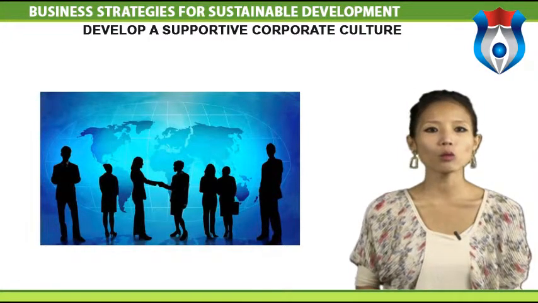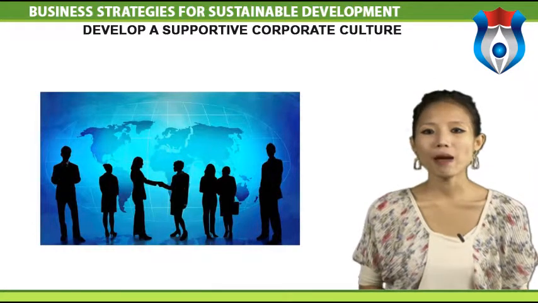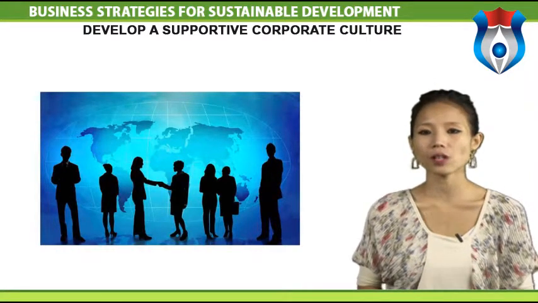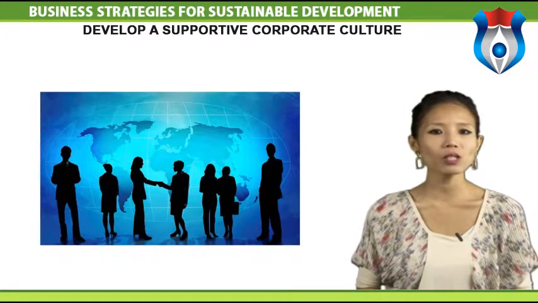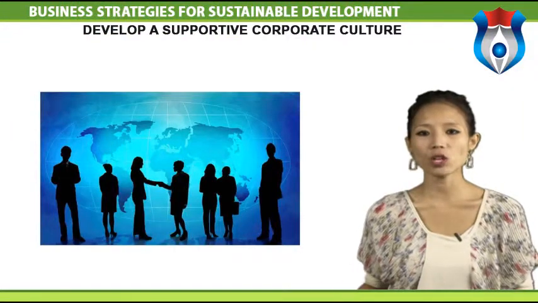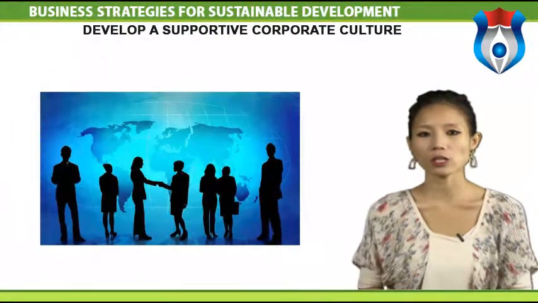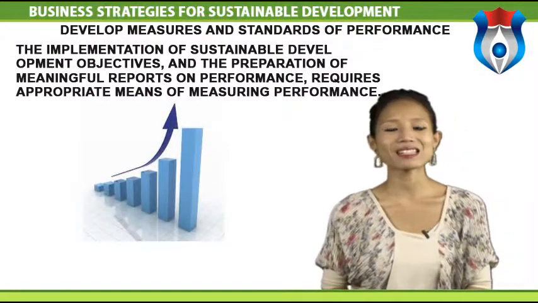This umbrella role should include ensuring that responsibilities are assigned in a manner that holds key executives accountable. It also means ensuring that reward and promotion systems recognize those people who achieve or help to achieve sustainable development objectives. Now we will discuss developing measures and standards of performance.